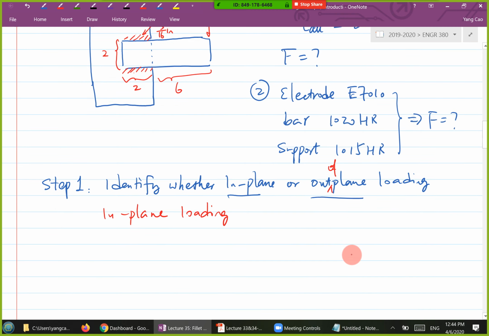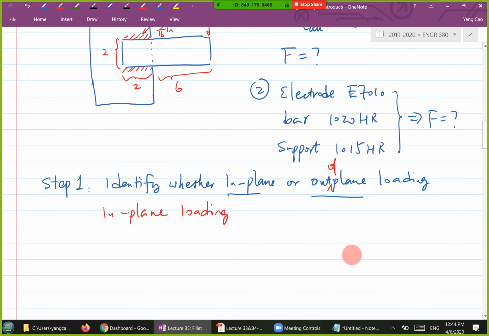Now it's in-plane, so we can go to the correct table. If you recall, that's Table 9-1, for us to identify the J value. This table gives a JU value.